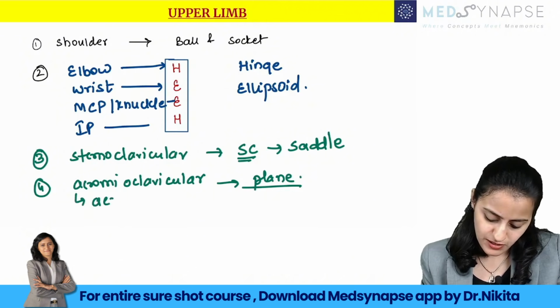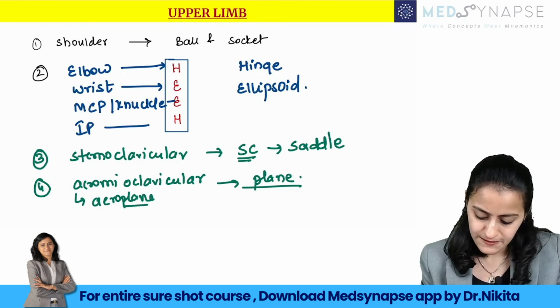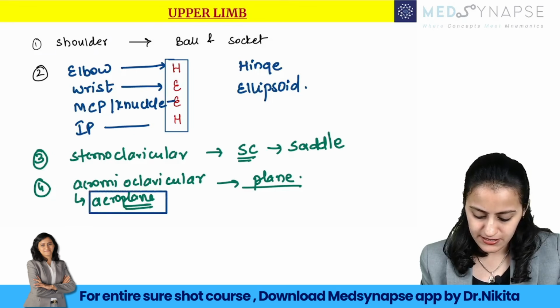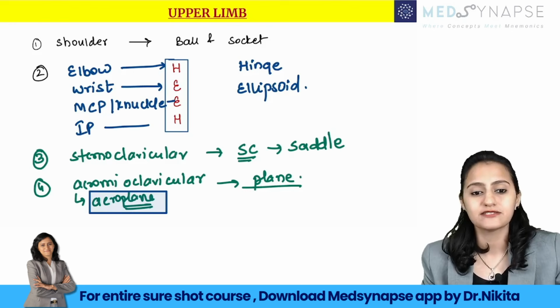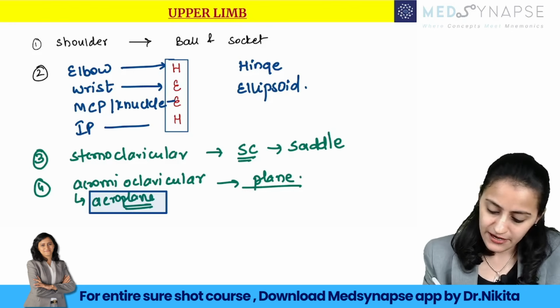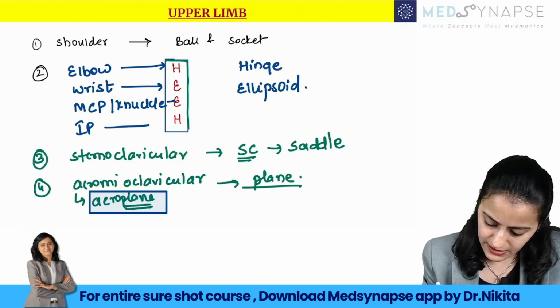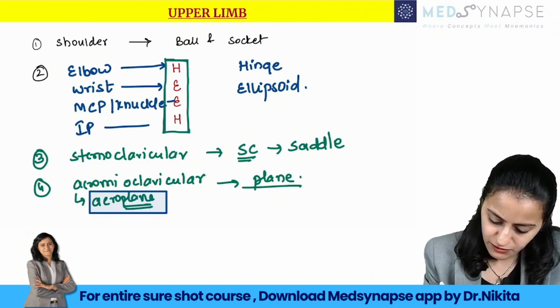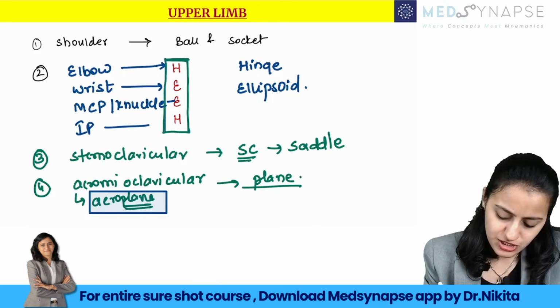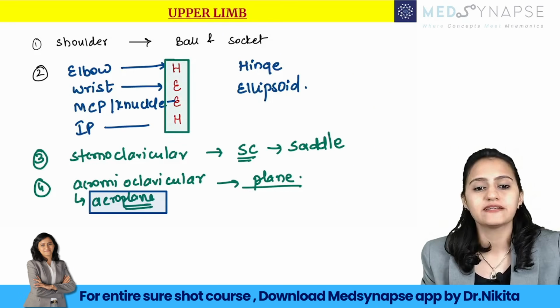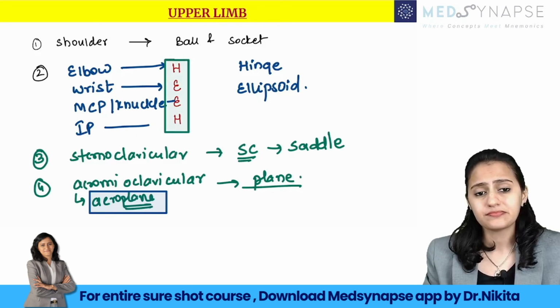A for acromioclavicular, A for aeroplane, and it's a plane joint. This is what you need to remember. And remember the other trick that we have learned here, which is very important in the upper limb. This helps you remember the four joints, that is the HEEH.